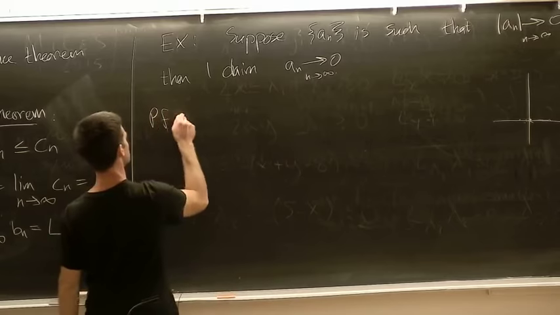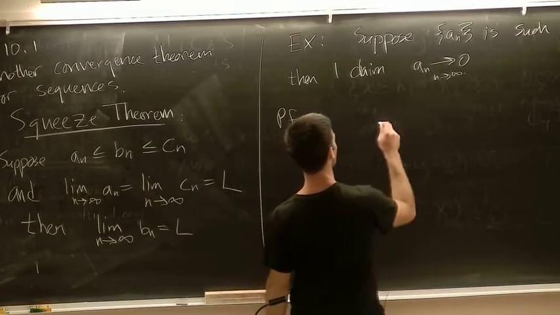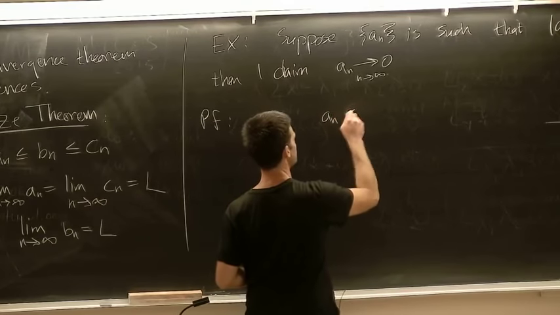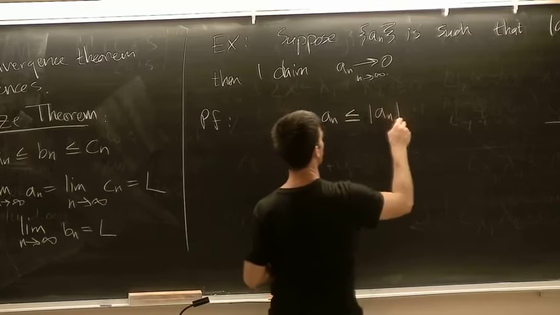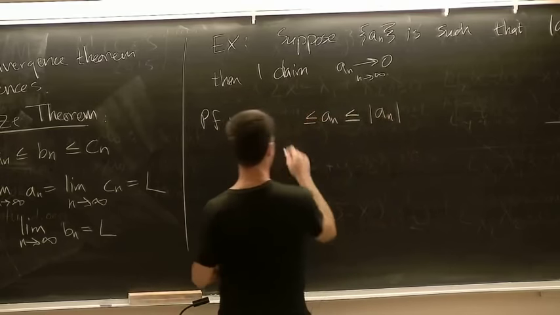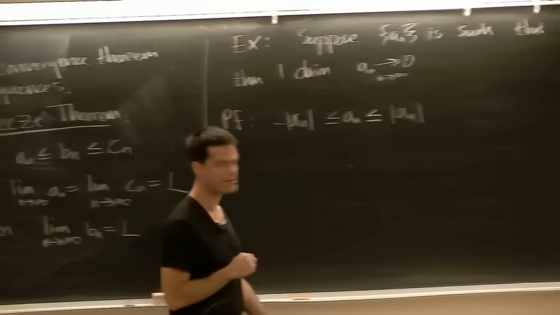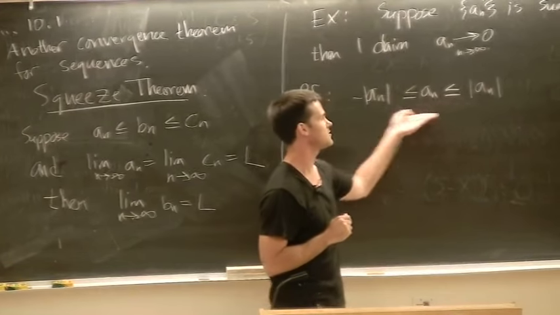So here's a little proof of that using the squeeze theorem. We know that an, if it's positive, is equal to its absolute value. If it's negative, it's equal to the negative of its absolute value. This always holds true.